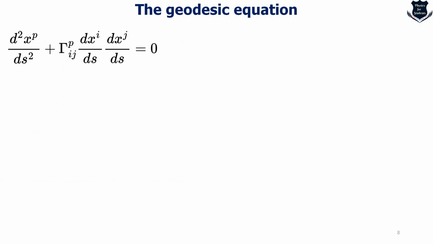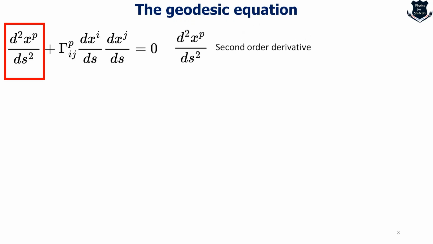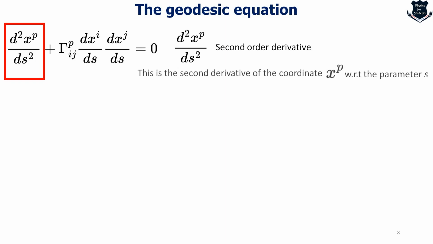From here we move to the geodesic equation, where we are trying to understand this part, d squared xp upon ds squared. This is obviously the second order derivative of the coordinate xp with respect to the parameter s.